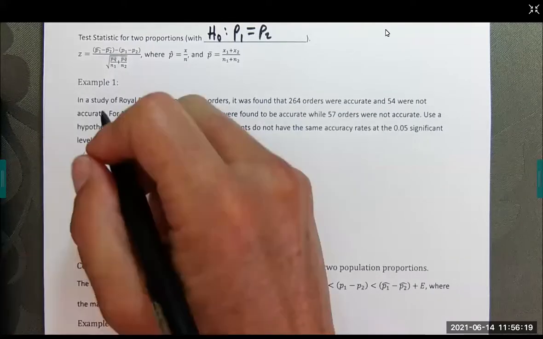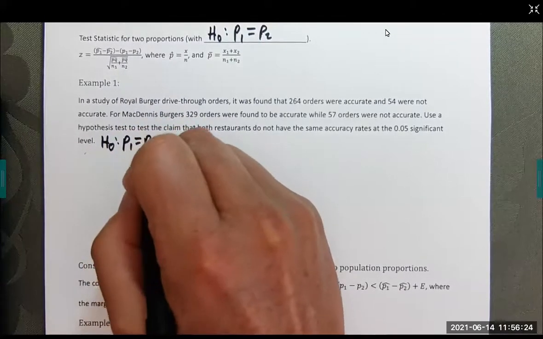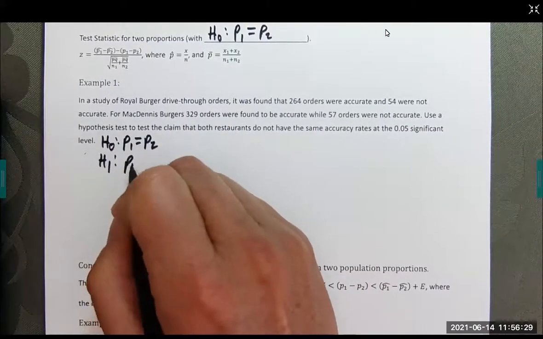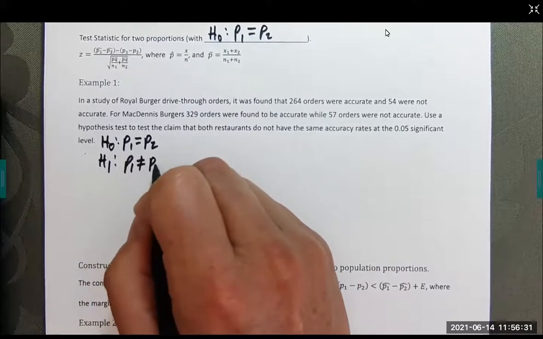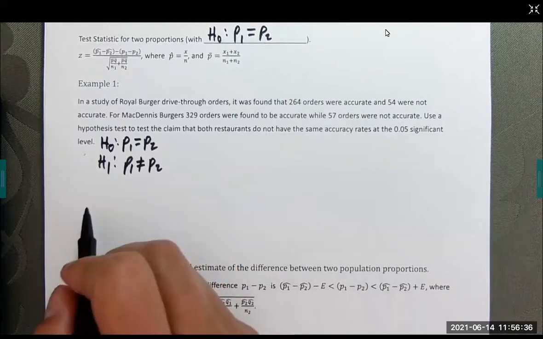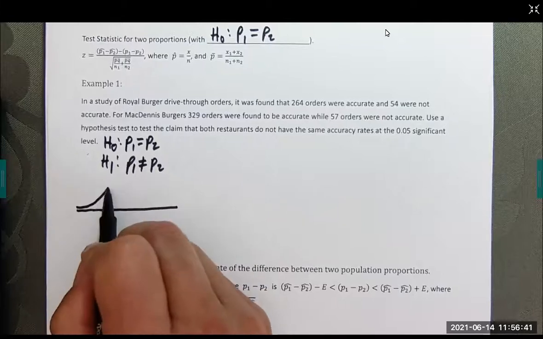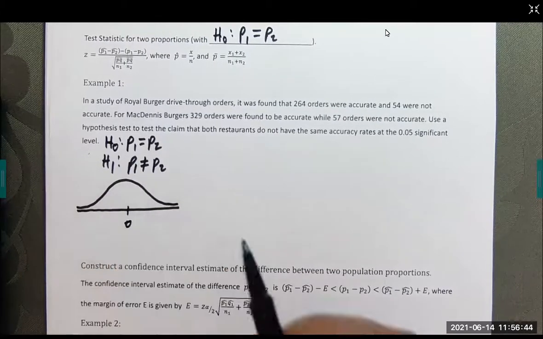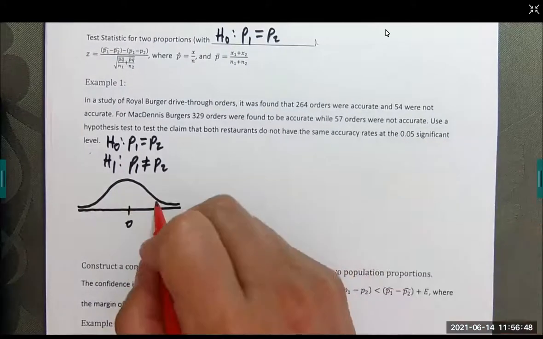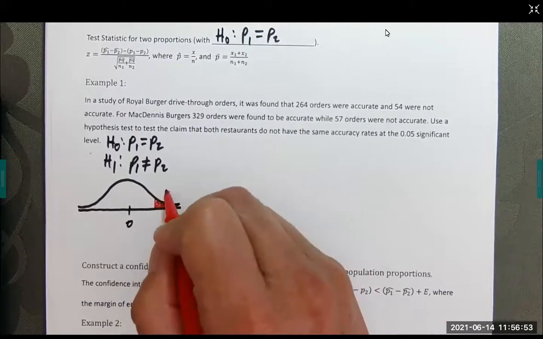So let's start with our null hypothesis. And in this case, the claim is that they're not equal, which very nicely gives us a two-tail. Let's come up with our critical region. And because it's 0.05, that splits it up into two pieces, 0.025.